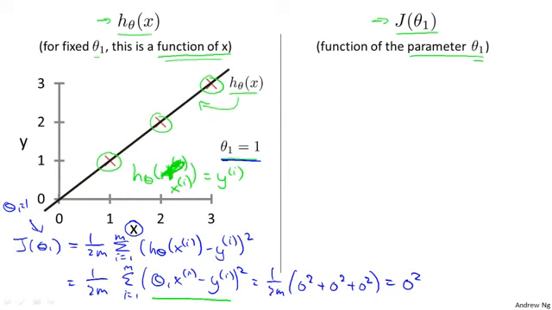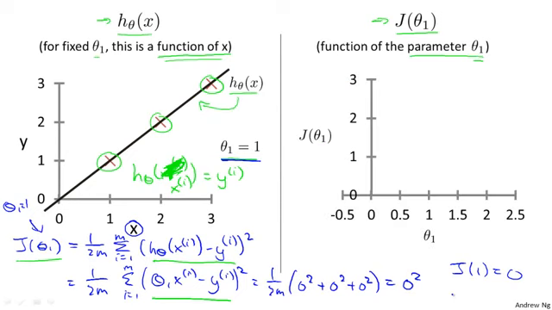And so h of x minus y, each of these terms is equal to 0, which is why I find that J of 1 is equal to 0. So we now know that J of 1 is equal to 0. Let's plot that.